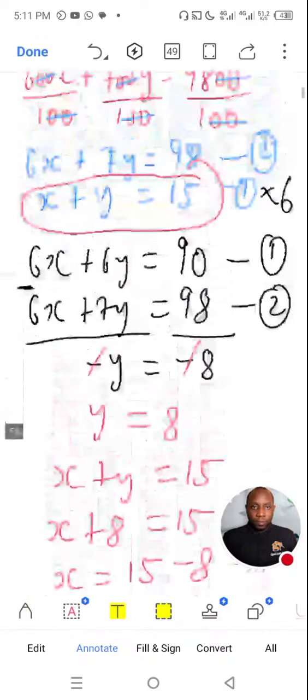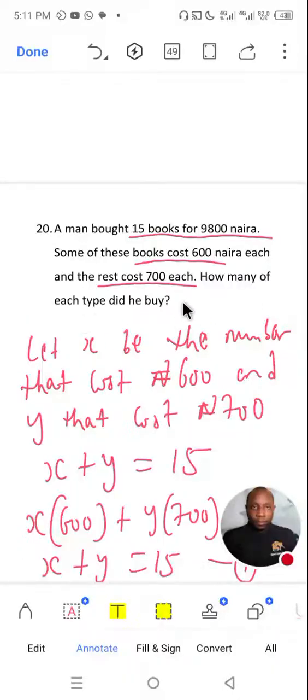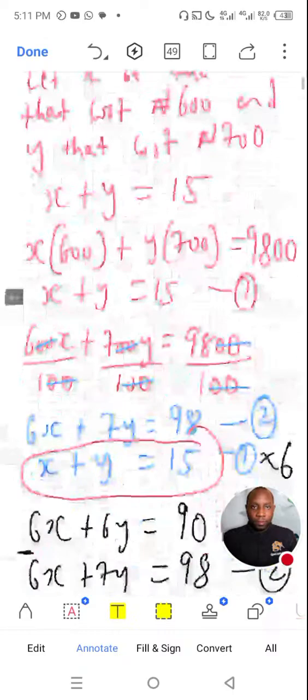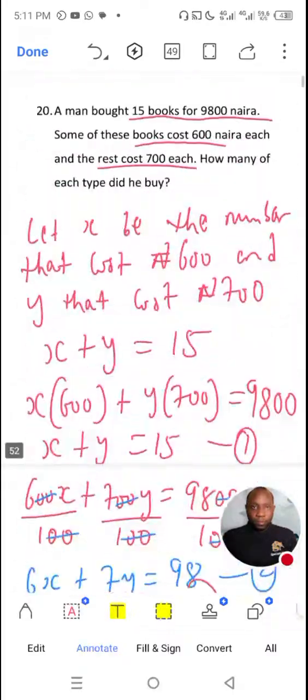The question says, how many of each type did he buy? So he bought x, which is 7. So he bought 7 books that cost 600 naira.